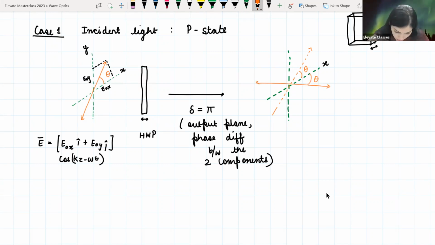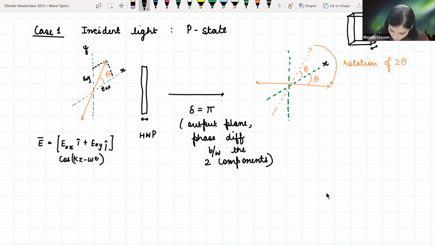Okay, so now what has happened? What is the total rotation I did? From here I rotated it till here. So I did a rotation of 2 theta. With 2 theta I changed its orientation. But if I look at the components, what have I done?